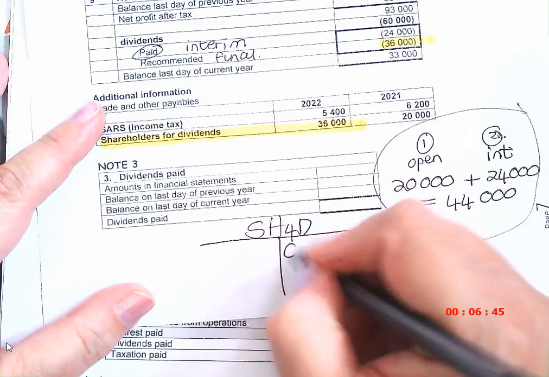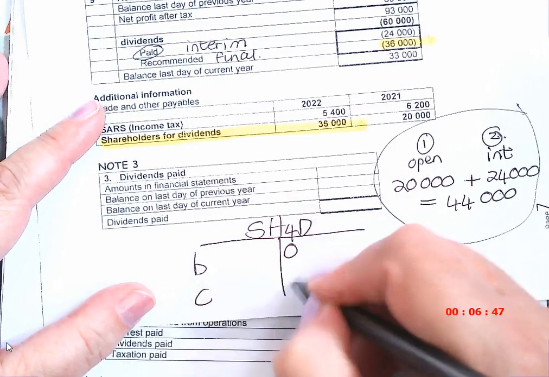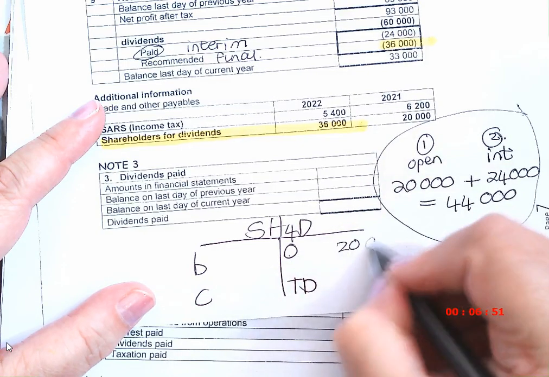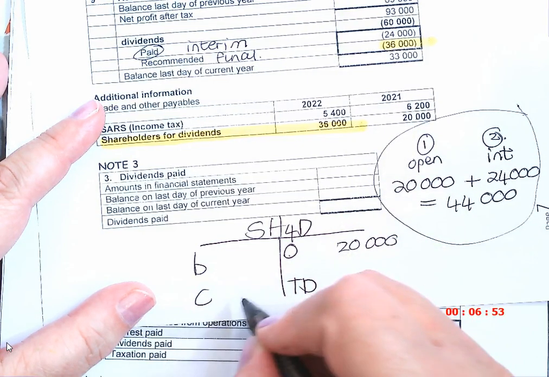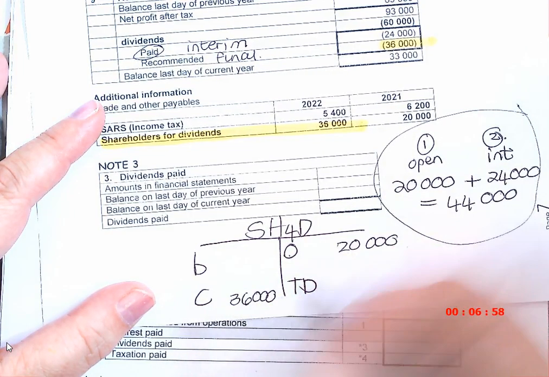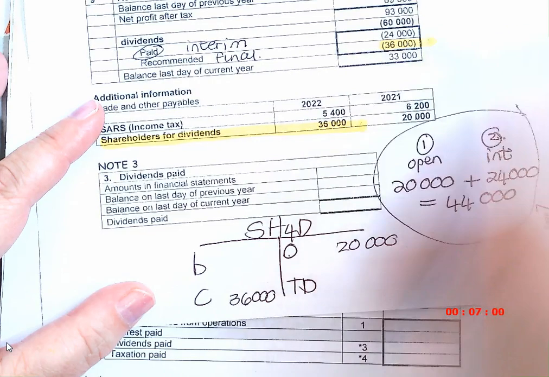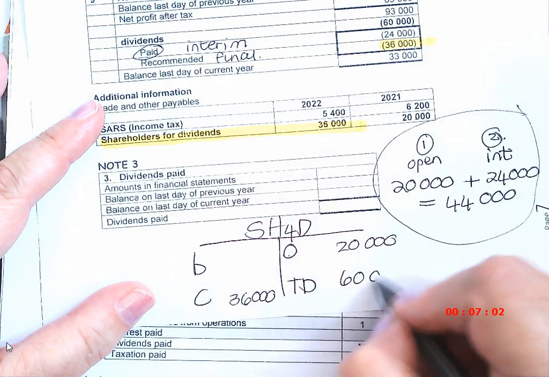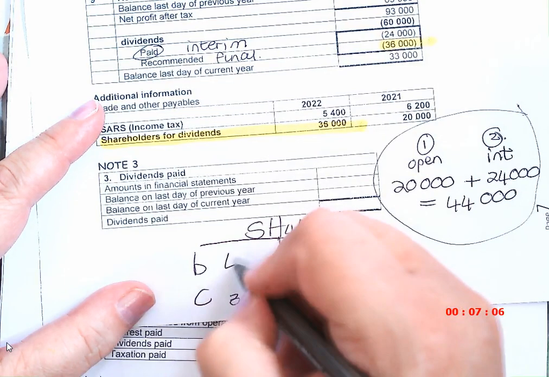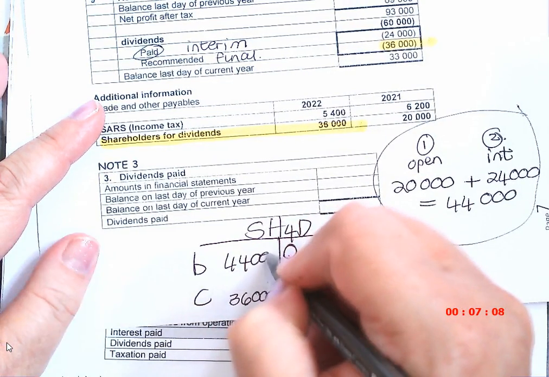The opening and a closing and a bank and a total dividends. What's the opening? 20. What's the closing? 36. What's the total? 60. So 80 less 36 gives me 44.